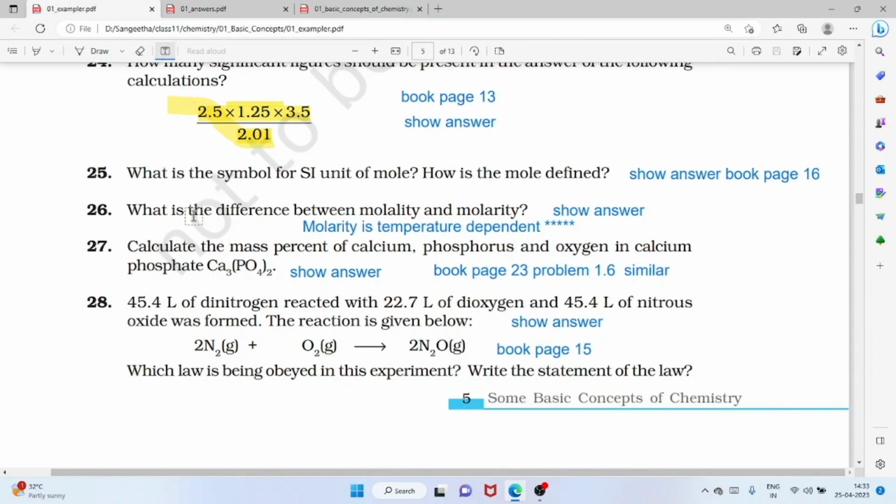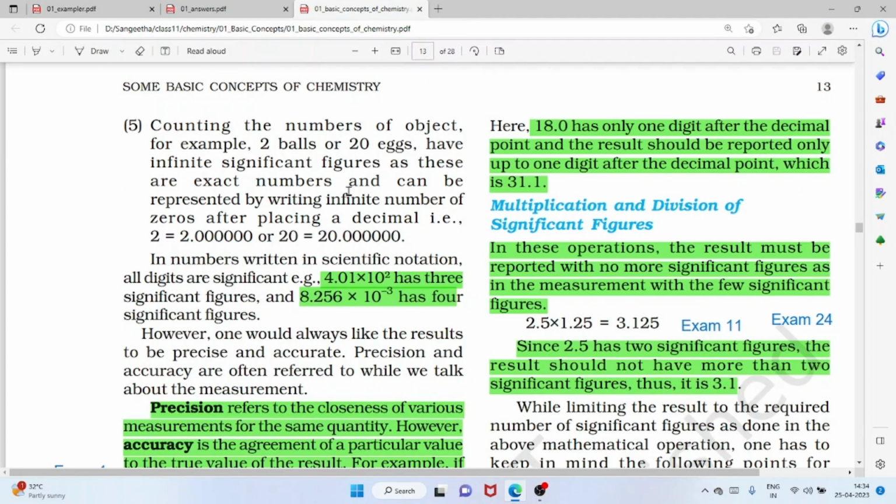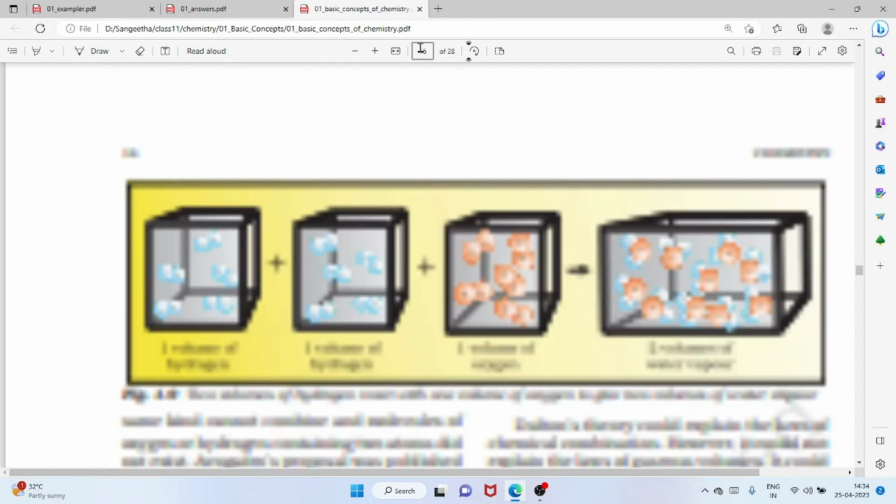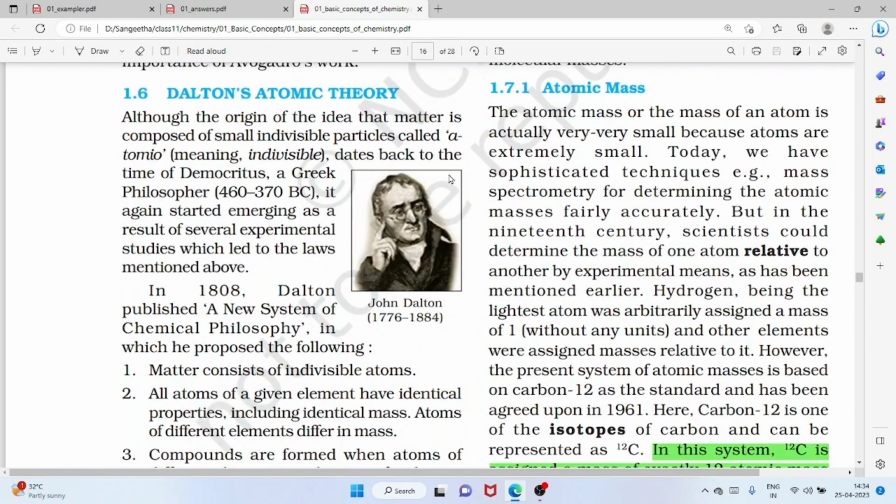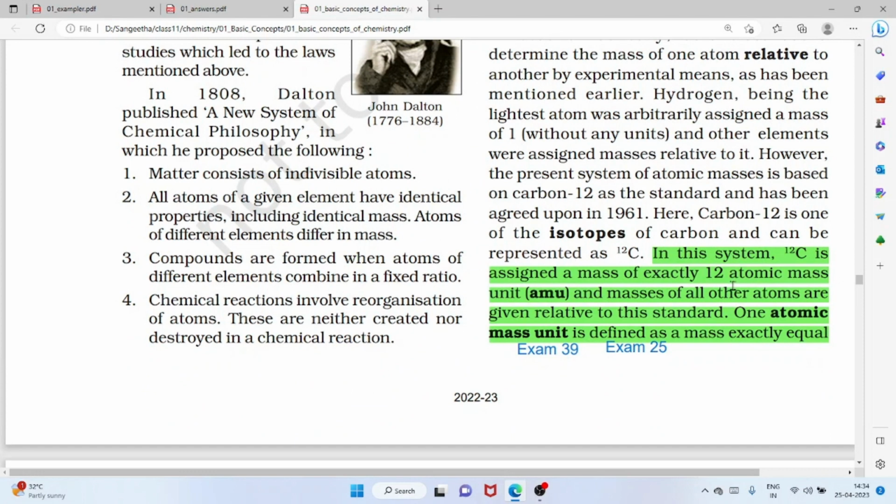Which page? 16. Okay, they have given it here. This is the reference.